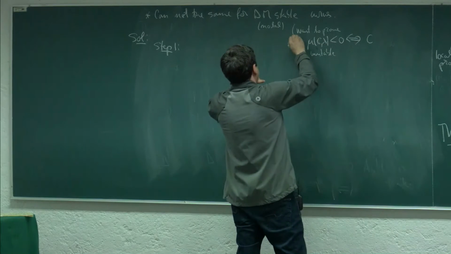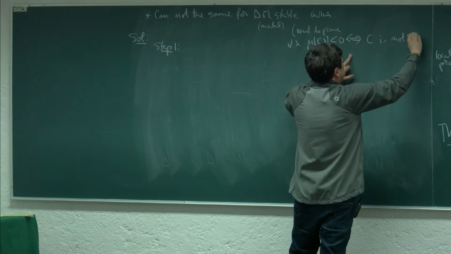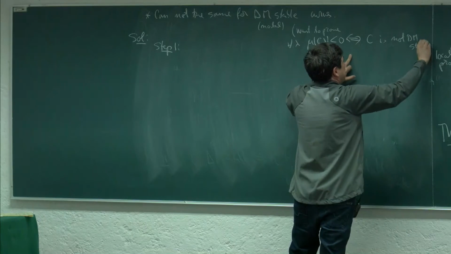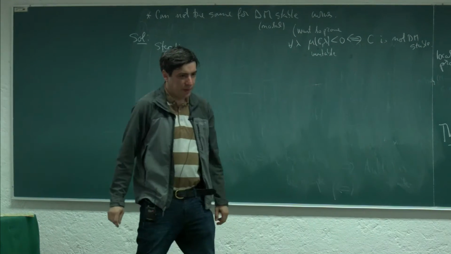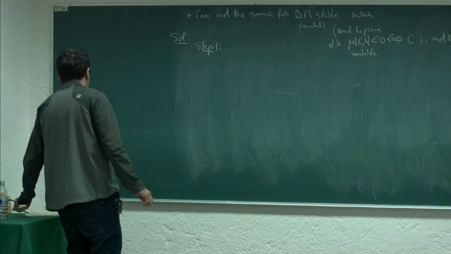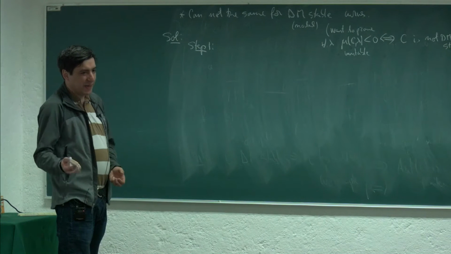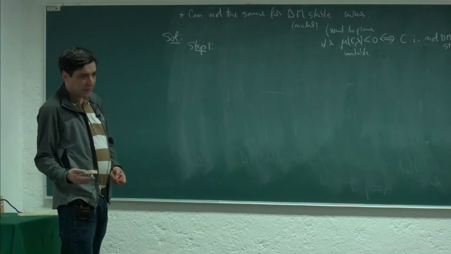So for all lambda, C is not DM stable. You want to say that. Do you think this is not true? No, it's true. But you cannot do it directly by using the numerical criterion.